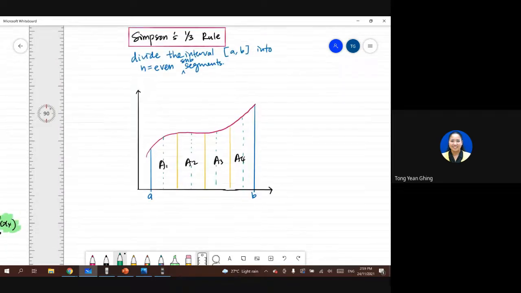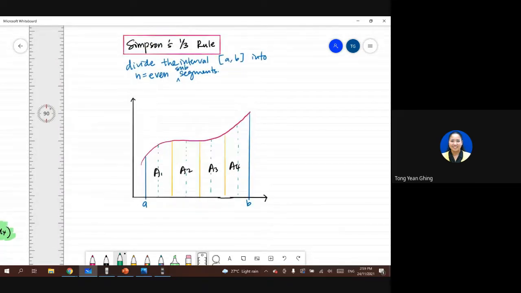Dia bukan pecah kepada 2 saja, dia boleh pecah kepada even, tak kisah. It can be 2, 4, 6, 8, and so on. That is a multiplication of 2. We have to multiply with 2.